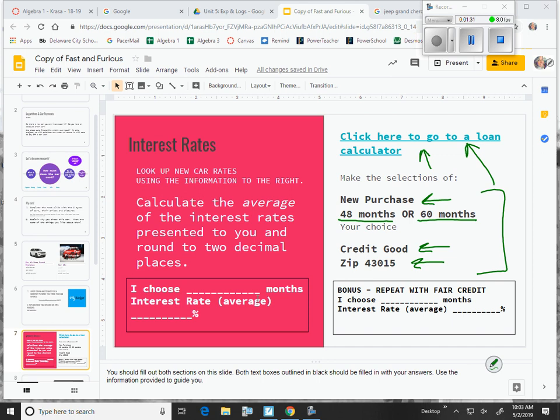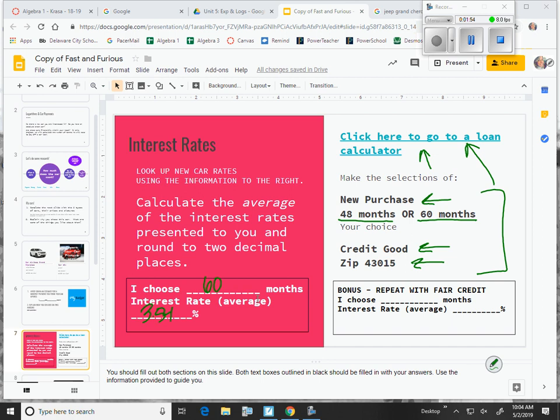Okay, so when I did mine, I got an interest rate of 3.54%. Okay, and I did a 60-month loan. Okay, so 3.5%, 60-month loan.